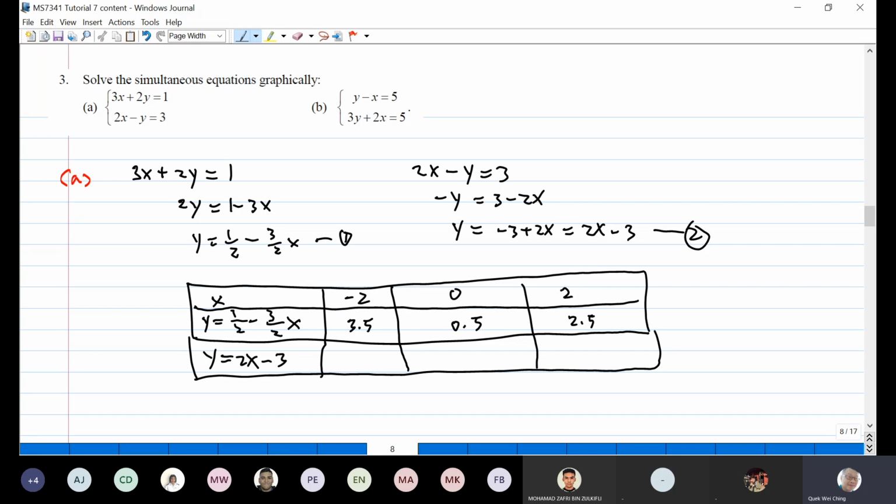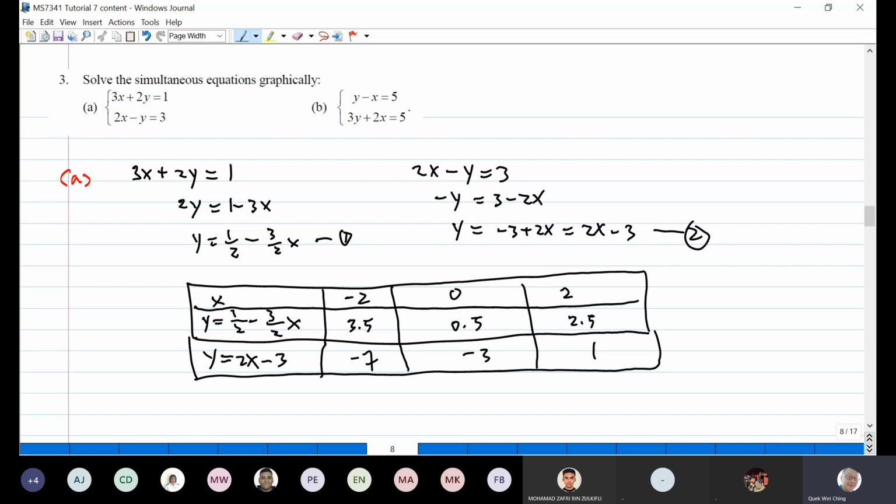When x equal to minus 2, 2 times minus 2 is minus 4, minus 3 is minus 7. When x equal to 0, y equal to 2x minus 3, so this is minus 3. And when x equal to 2, 2 times 2 minus 3 is 1.